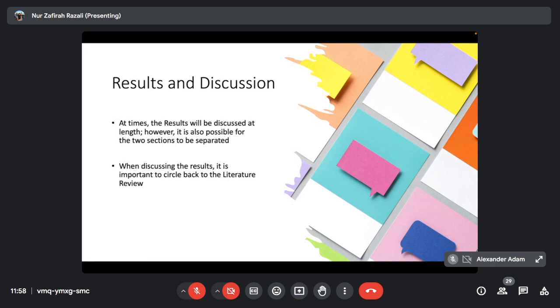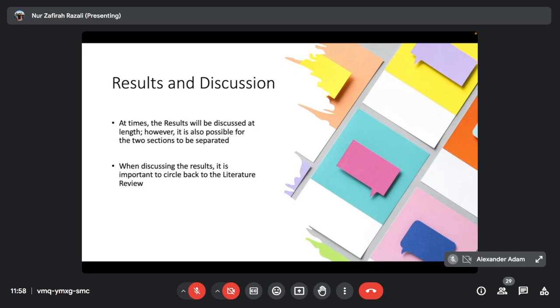At times, the results will be discussed at length. However, it is also possible for the two sections to be separated. When discussing the results, it is important to circle back to the literature review. Okay, now, this is the most important part. When it comes to discussing the results, you need to circle it back to the literature review, because in the first place, you provide the literature review where you present the findings of past studies.